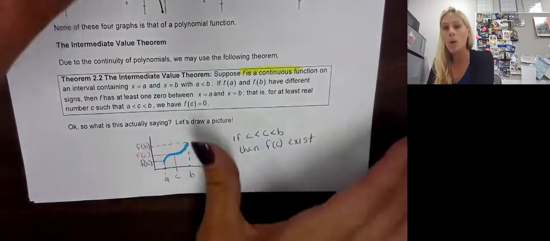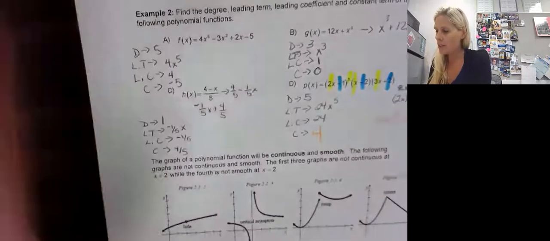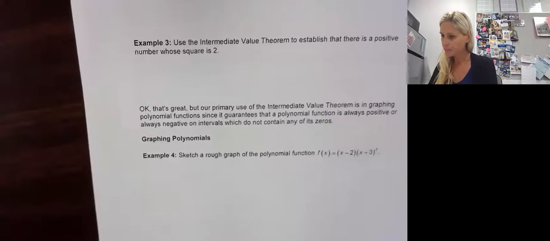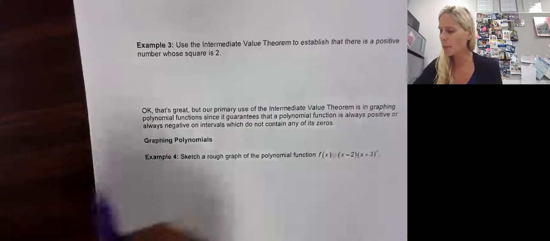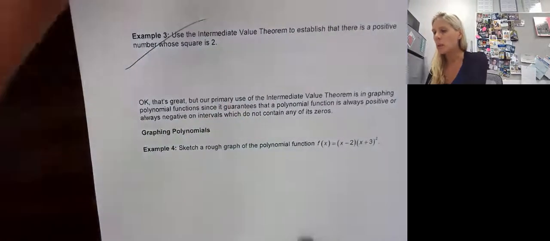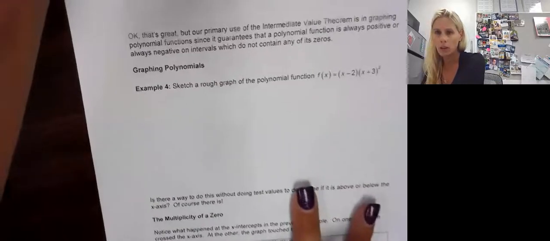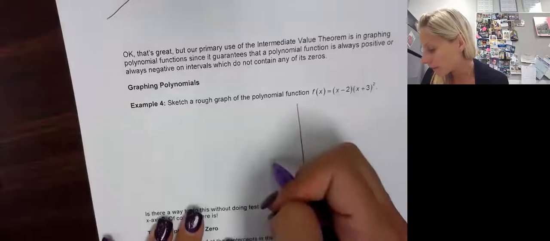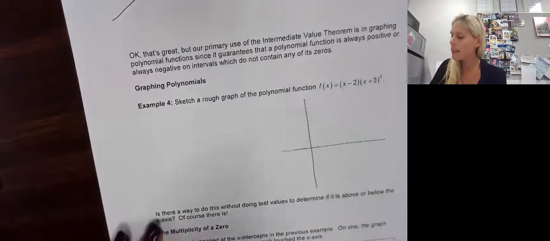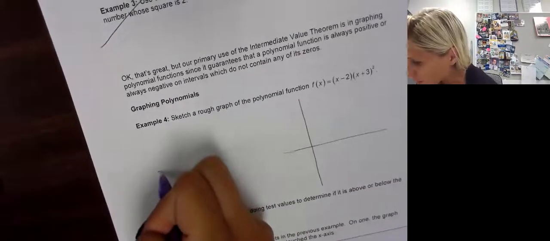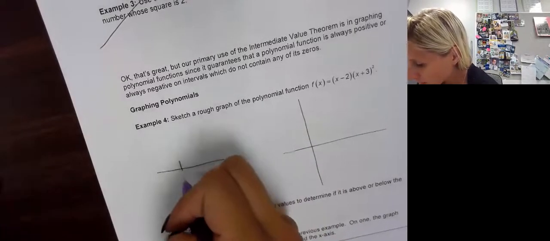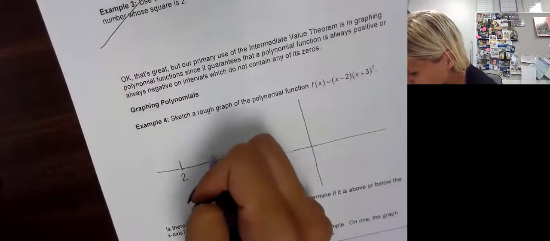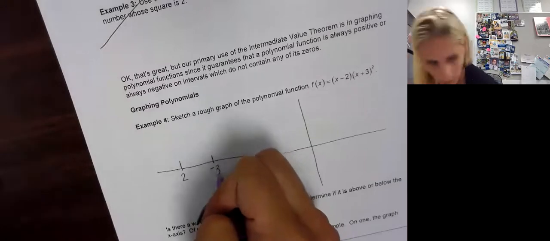You work a lot more with this theorem in calculus. We're not going to worry about example 3 because we're going on to graphing polynomials. So I'm going to do the long way. We know that we have zeros at 2 and -3.